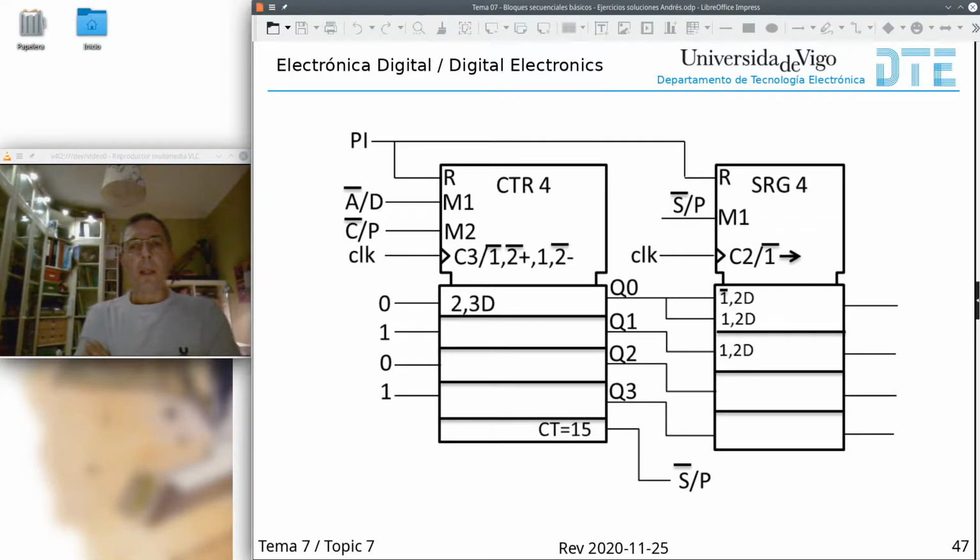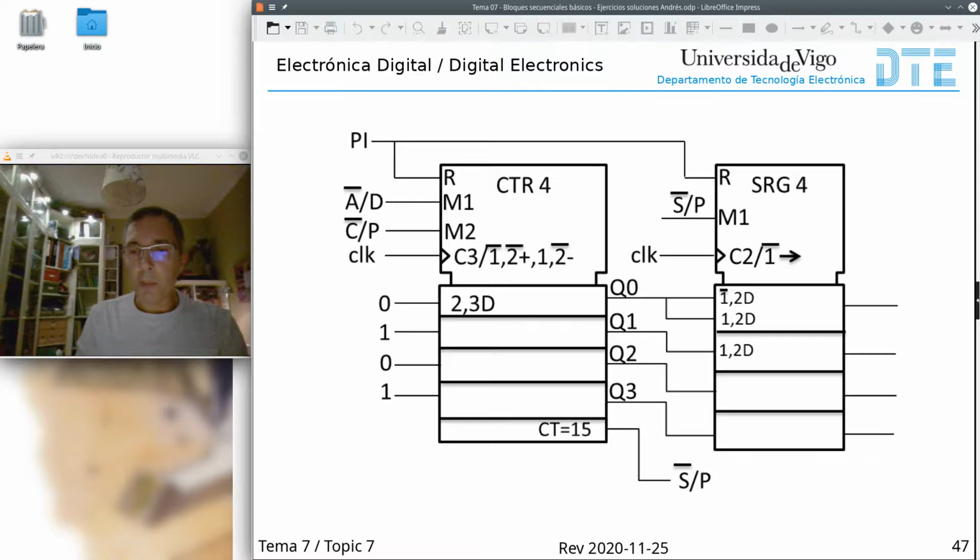Okay, the circuit is two synchronous blocks. It's a counter that can count upward and downwards. Look at the M1 signal that can count or load in parallel the inputs of the bistable, and it also has a reset signal, and of course a clock that makes it synchronous.